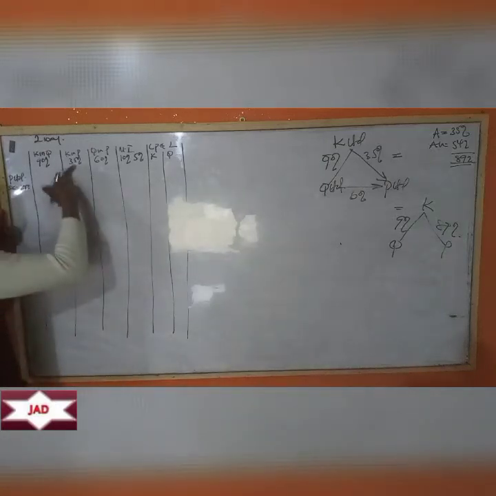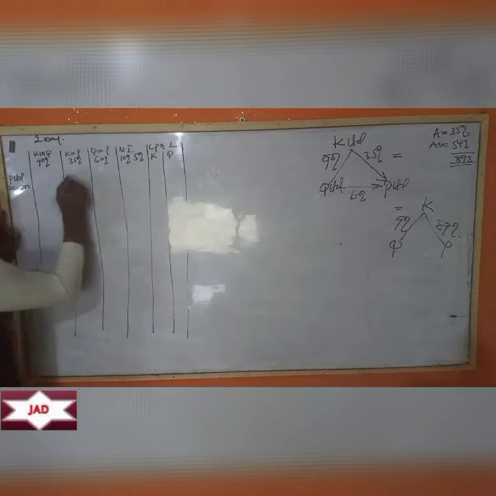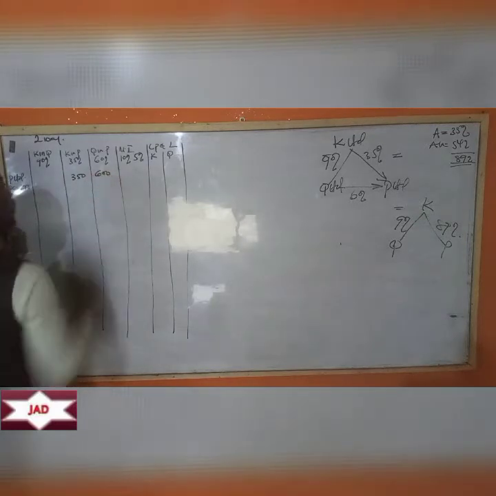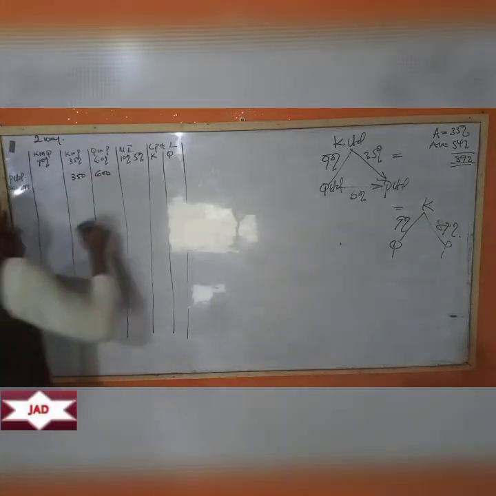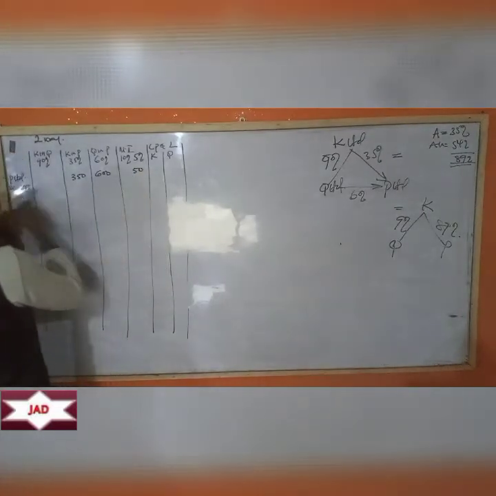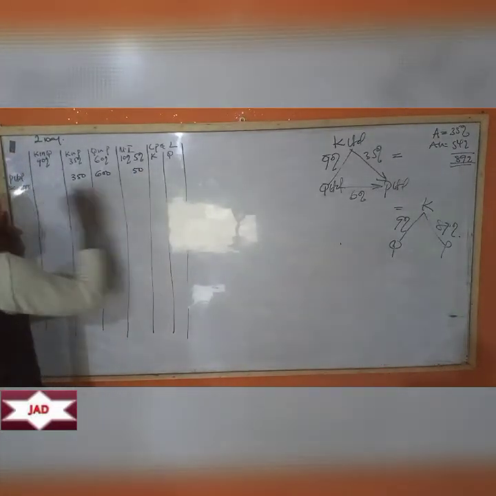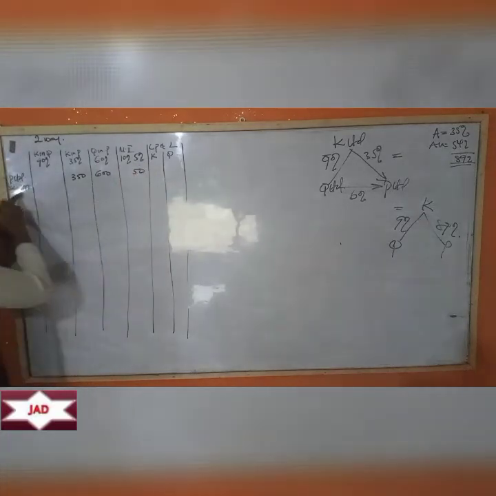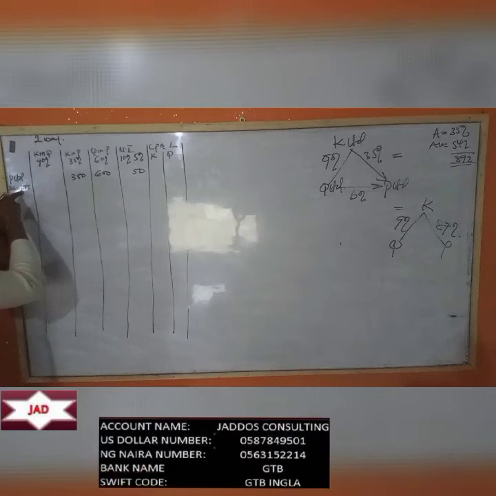So 35% of 1,000 will be 350. 60% is 600. 5% is 50. If we add all of these, it will give us 1,000.